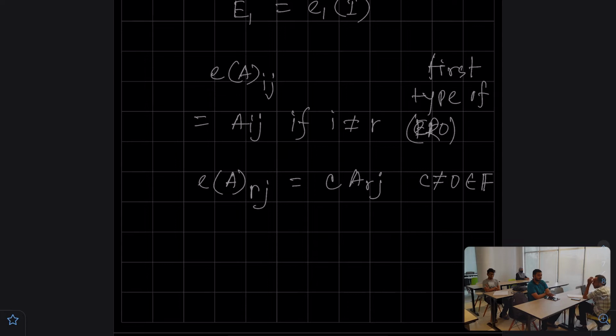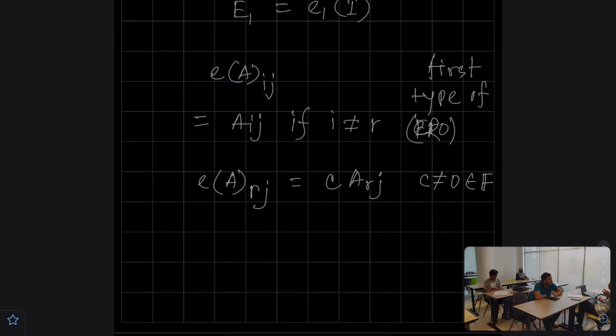And I have a question: why do we always take non-zero c? Because in the definition of a field, for every non-zero element in the field there exists an inverse of that element, a multiplicative inverse.